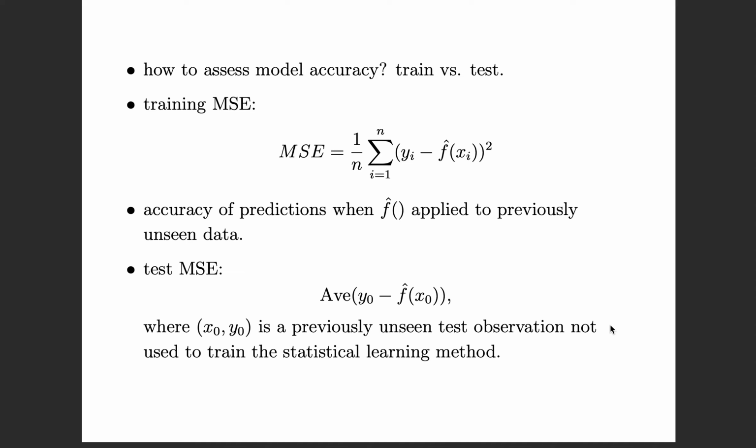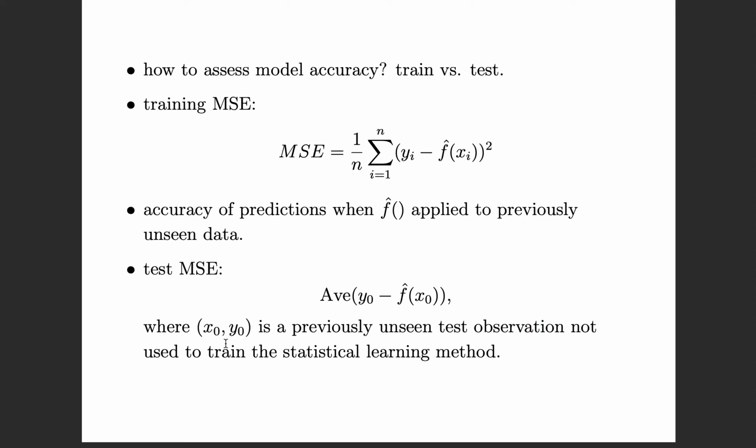Now, how can you measure model accuracy? That's where there is a difference between training accuracy and test accuracy. Training mean squared error is essentially the mean of the residual sum of squares errors, and it shows how well the model fits the data. But that does not necessarily mean that it will do well if tomorrow you had a new data point, a previously unseen test observation that was not used to train the statistical method.